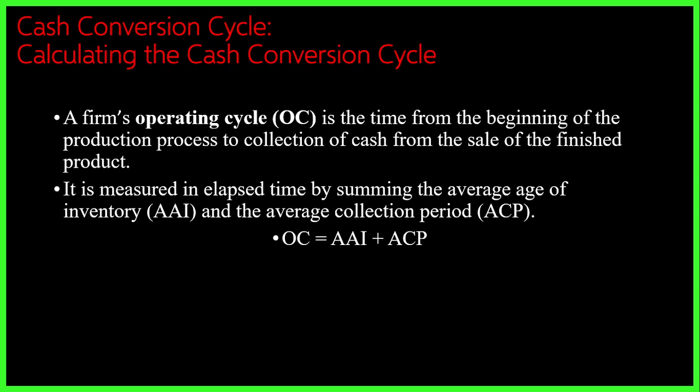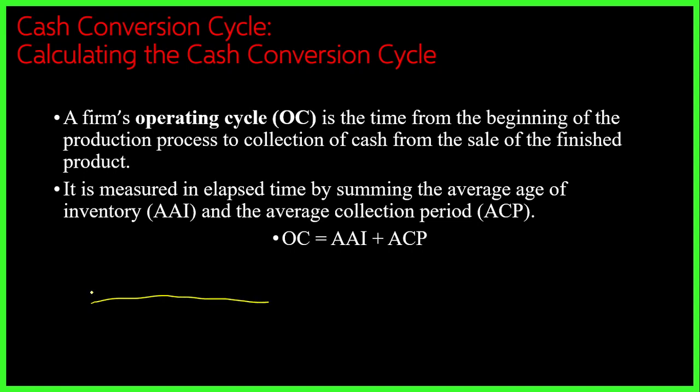And this is measured in elapsed time by summing the average age of inventory and the average collection period. So these are actually two ratios. The average age of inventory is also known as your sales period. This is actually from the time of, sige, sulat na lang natin.